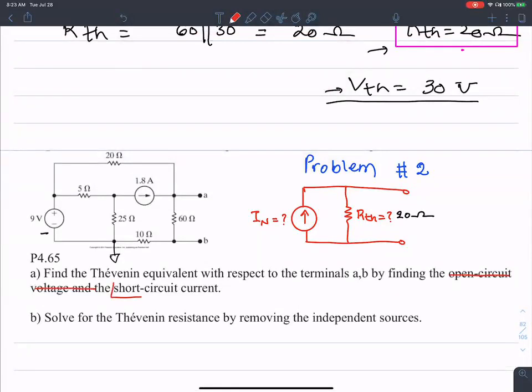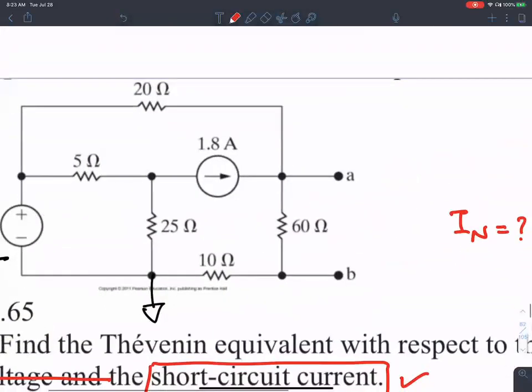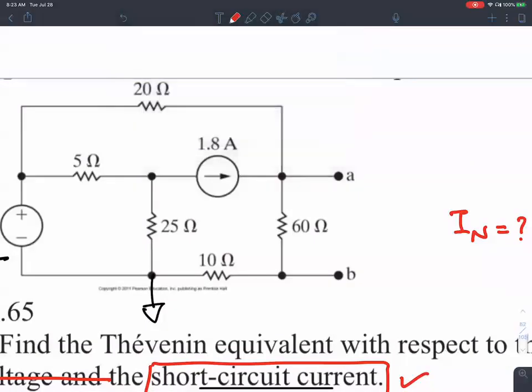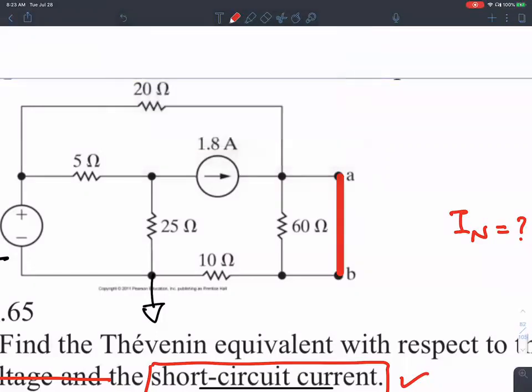I Norton is the short circuit current. So if you have to find the I Norton between terminals A and B, what you do is short these two terminals, A and B, and look at the current flowing in there, I Norton.